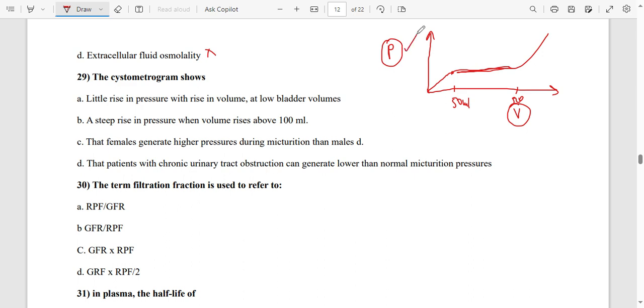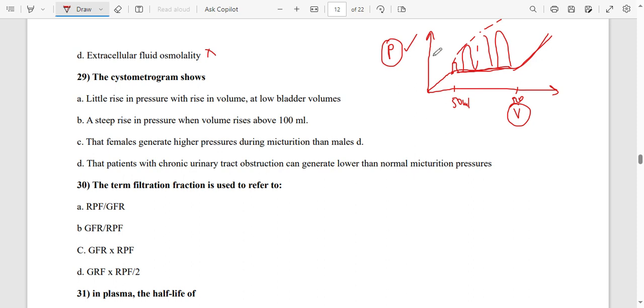Meaning that someone wants to urinate. But as that is happening, some pressures are generated with each increase, and those pressures rise and drop. You can see they are becoming higher and higher. What does that mean? When volume in the bladder increases, the pressure increases.